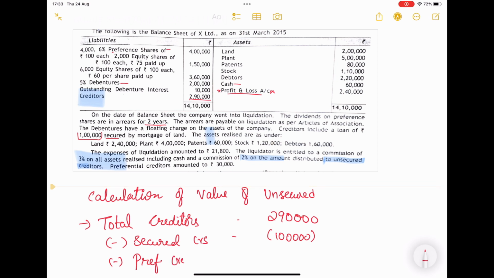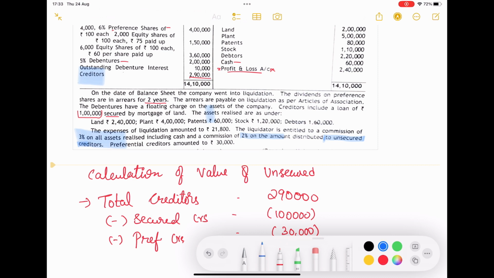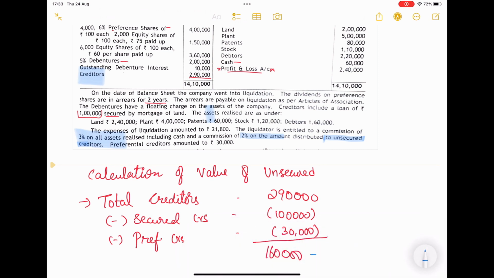Preferential creditors in the last line of the adjustment they have mentioned as 30,000. If you subtract these, you get the value. So 2,90,000 minus 1 lakh minus 30,000. The value of unsecured creditors is 1,60,000.